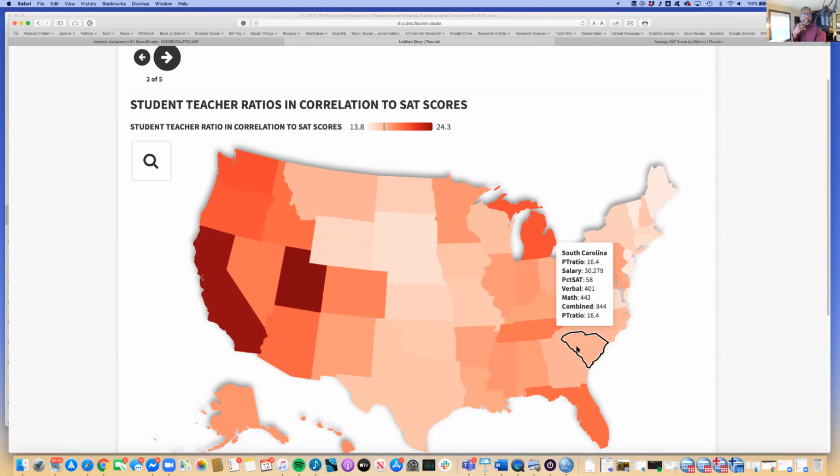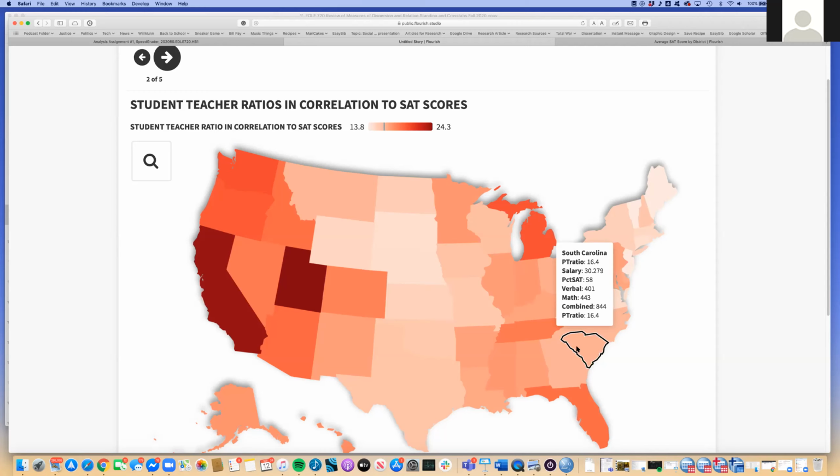And that's something that you'll be able to tease out in a Pearson correlation matrix. You'll be able to see what kind of relationship exists between SAT scores and ratio, versus maybe what relationship exists between salary and SAT scores, and so on and so forth.